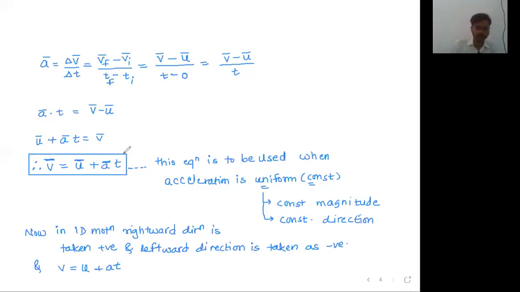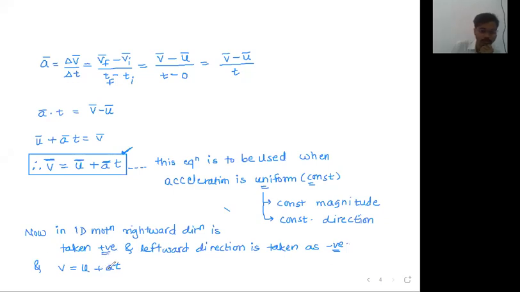You can even call this a vector form, in which all the quantities are vectors. Here for the sake of directions we will consider positive and negative signs. This is a vector form and this is going to be the scalar form.